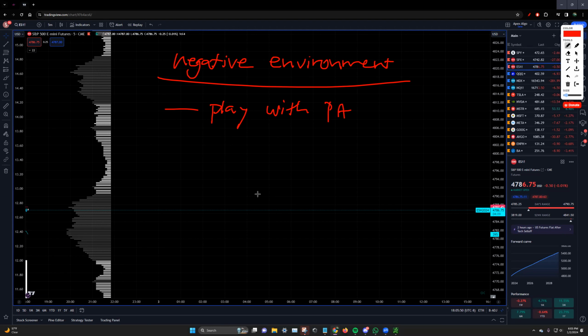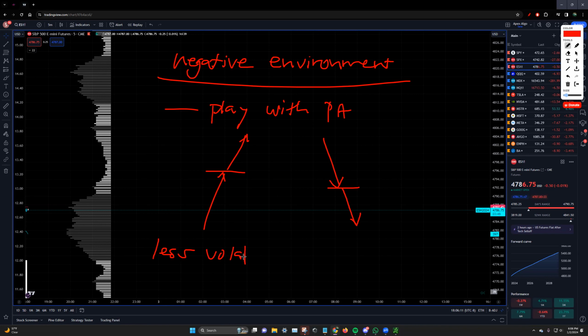So what does playing with PA mean? If the market is ripping, market dealers will play with it and continue to buy up. Vice versa, if the market is dipping down, market dealers will also sell with the dips. So what does this create?